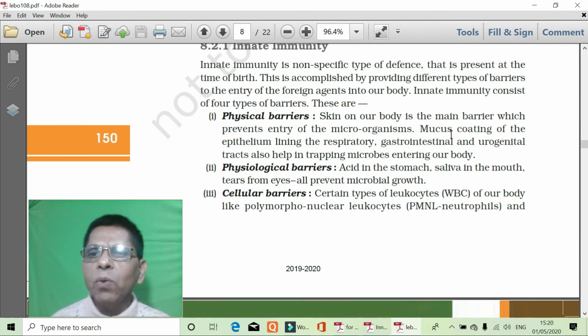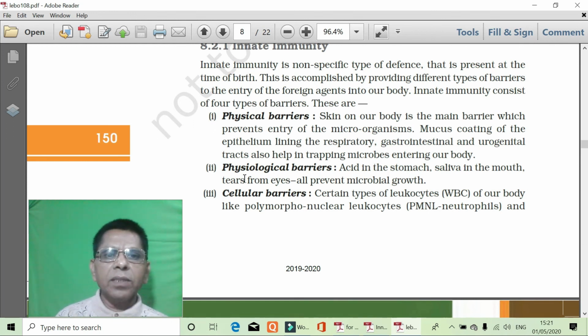Mucous coating of the epithelium lining the respiratory, gastrointestinal and urogenital tracts also helps in trapping the microbes entering our body. So my dear students, we have already studied every detail regarding the skin as well as the mucous coating of the epithelial lining of the respiratory, gastrointestinal and urogenital tracts. We have already studied every detail of the physical barriers explained in the textbook of State Board of Maharashtra.